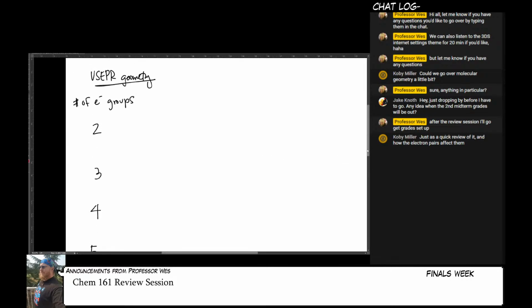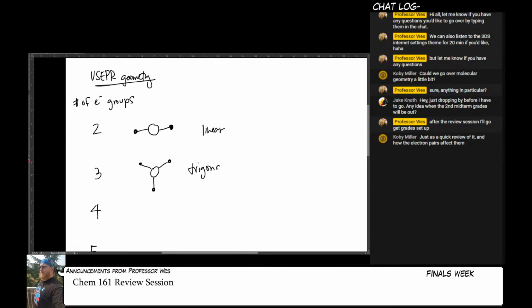If you count the number of electron groups around your central atom, so I'm going to draw a generic central atom and connect 2 electron domains to it. With 2, I get linear. With 3, I get trigonal planar. And we'll write out all the shapes here.